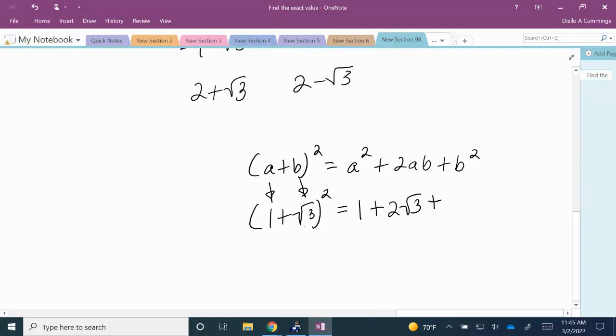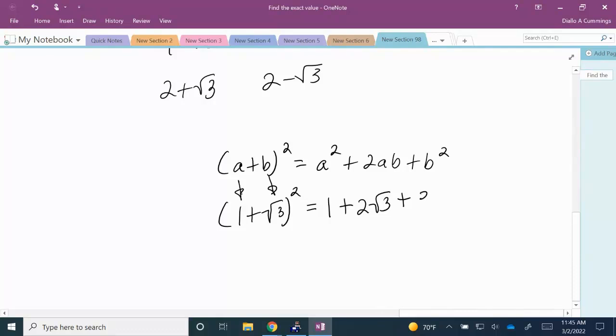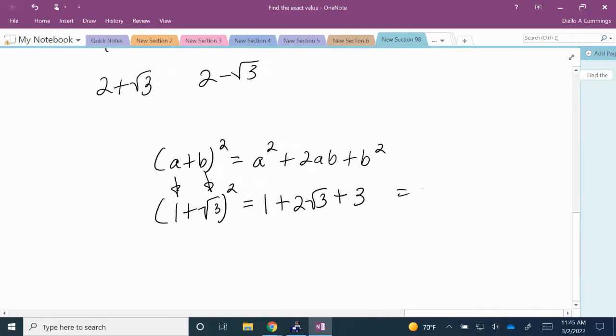Plus, if we were to square the square root of 3, the square root and the square cancel, and we would have 3. And then we can combine like terms for 4 plus 2 square root of 3.